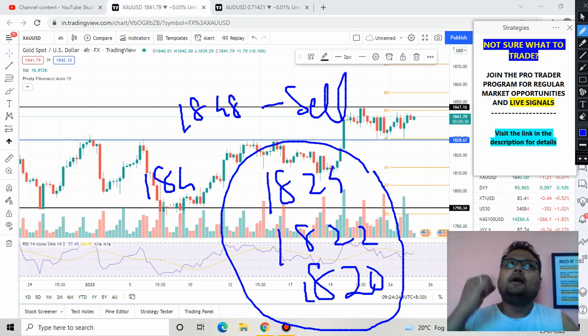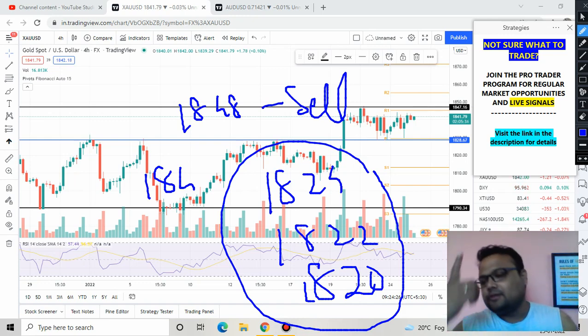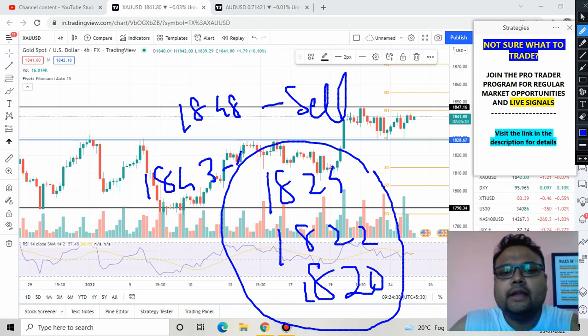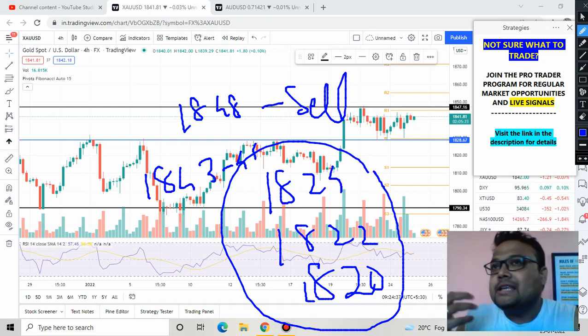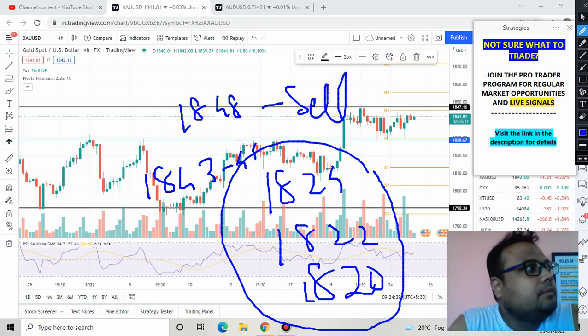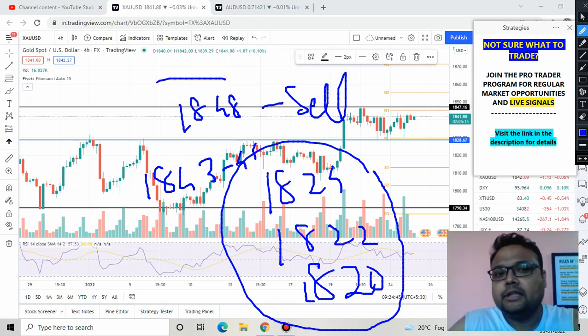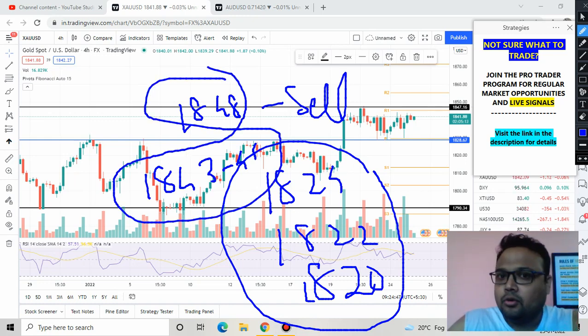In case of a good buy, 1848 will break. So if gold reverses from the 1843 to 44 level, and if you see a price being rejected from above, if you see a shooting star kind of pattern, if you see a bearish pin bar kind of pattern, then also you can definitely take a sell position at 1843. After all, these two are the resistance for gold right now.